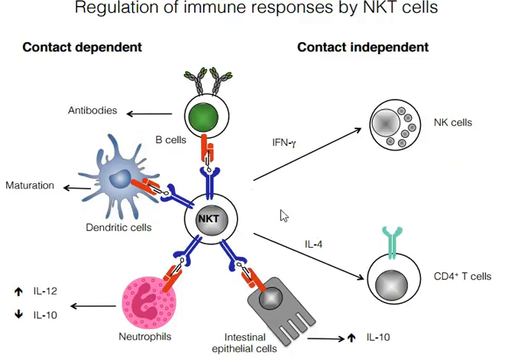NKT cells can also interact directly with other antigen-presenting cells and modify their function by direct contact. For instance, they can interact with B cells and regulate the production of antibodies, or regulate dendritic cell maturation, or interact with epithelial cells and regulate the production of IL-10. We will see later that this is important for intestinal inflammation and inflammatory bowel disease.